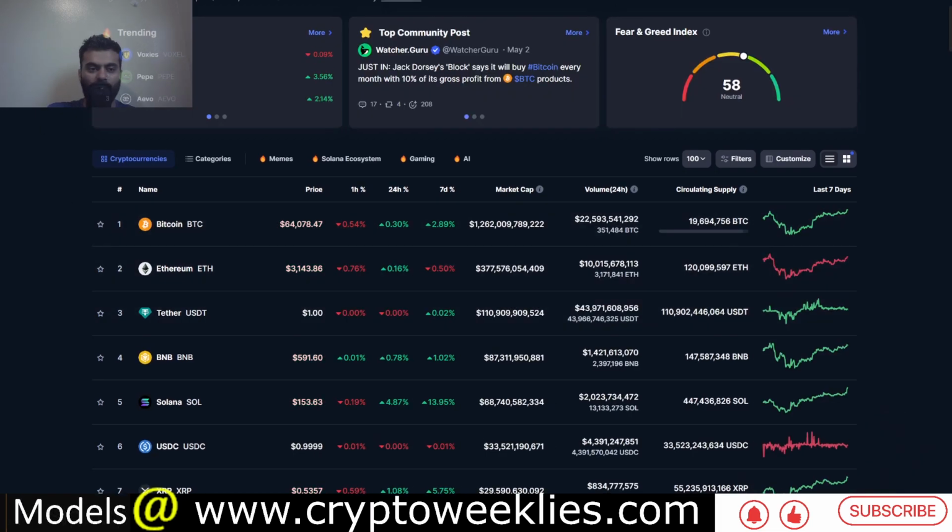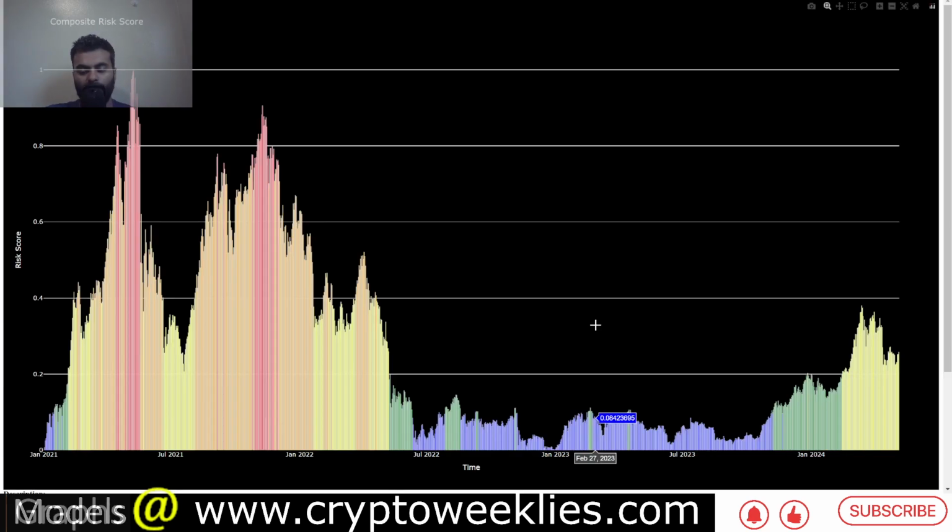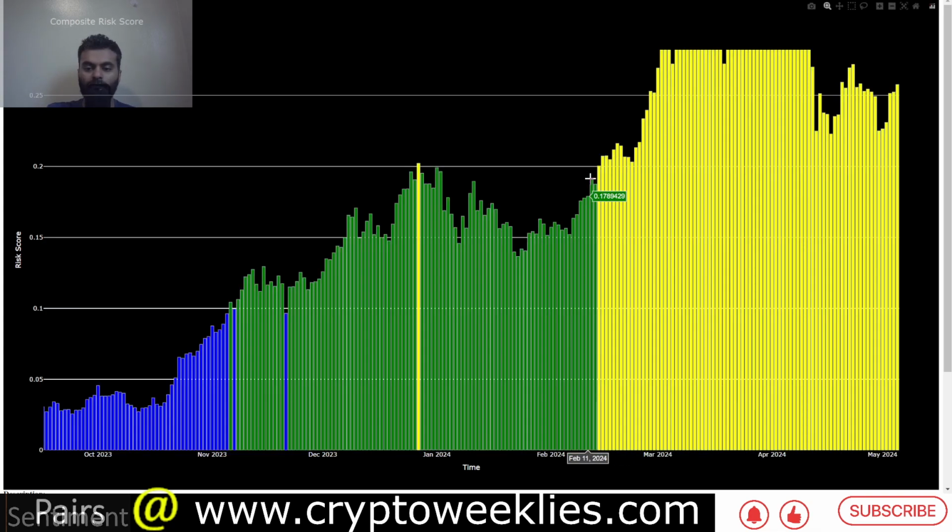So this is the idea with our crypto overall composite peak valley indicator. This is also beneficial, not financial advice, for dollar cost averaging in or out of the market. So where are we today? Since about the middle of February 2024, crypto left the lower risk territory of less than 0.2 risk.